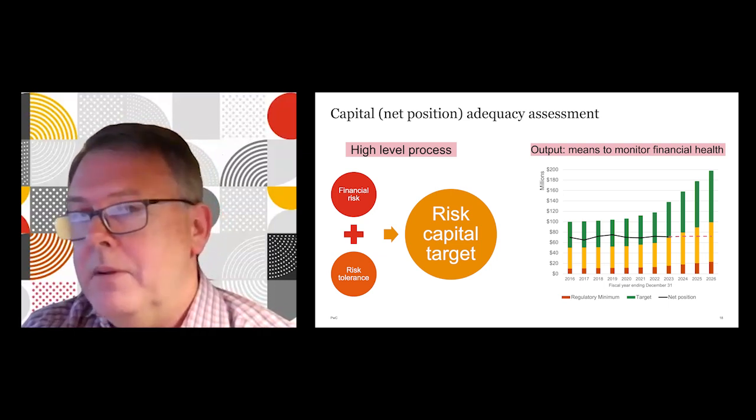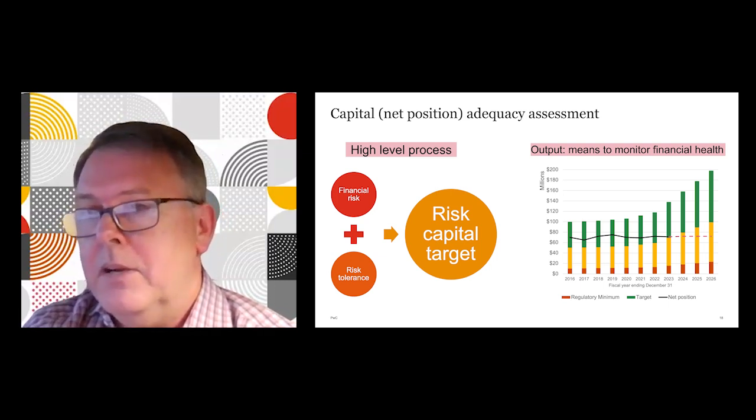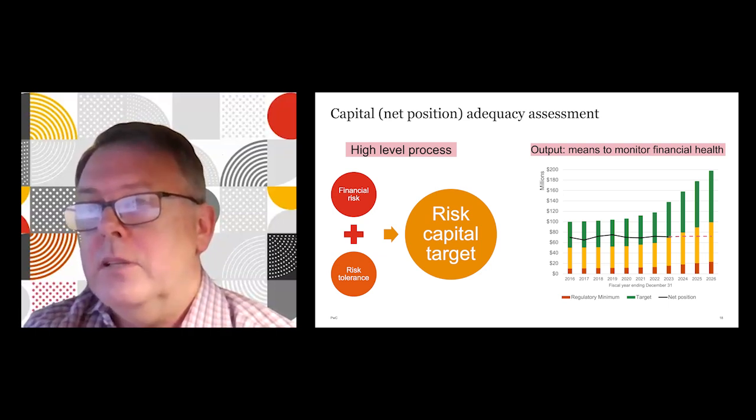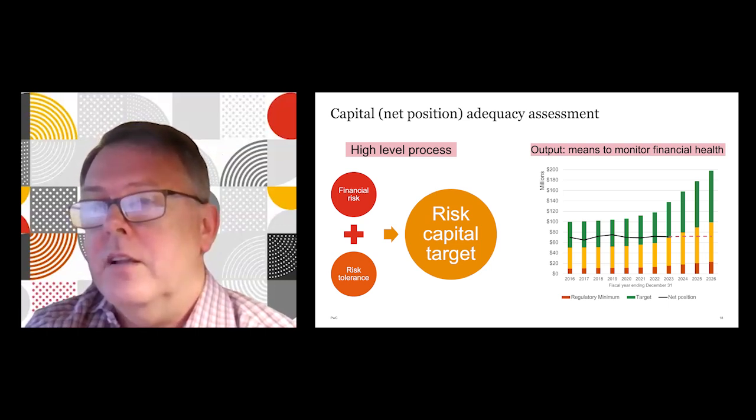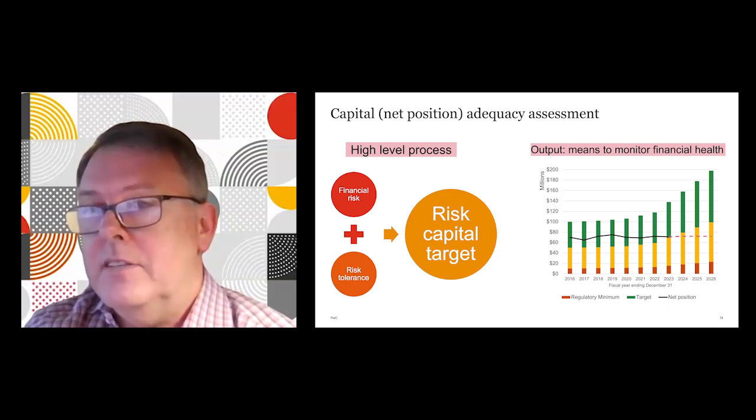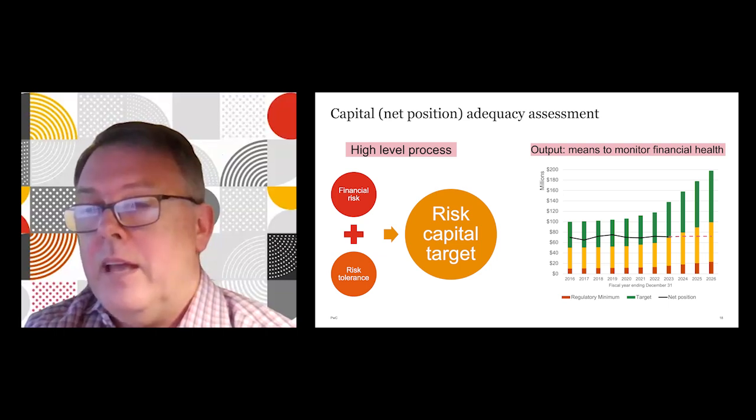Well, why is it going up? It very well could be the pool is getting bigger. Maybe the pool is taking on higher retentions. We talked about, if you're going to retain the first $500,000 of losses versus the first $250,000 of losses, you're going to have more volatility. Because the volatility, if you cap claims at $500,000, is going to be greater than if you cap them at $250,000.